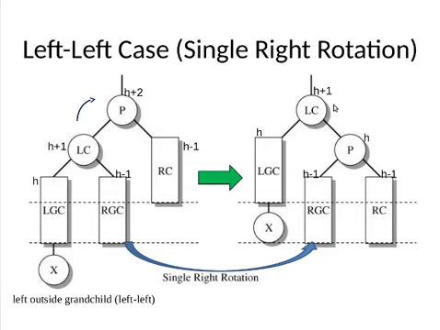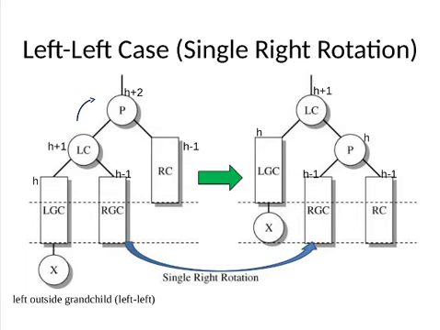Similarly, the new children of LC are LGC and P. The height of both of them is h. Hence, the height of LC is h plus 1 and its balance factor is 0. We note that the balance factor of all the nodes are restored to the permissible limit of minus 1 to 1.